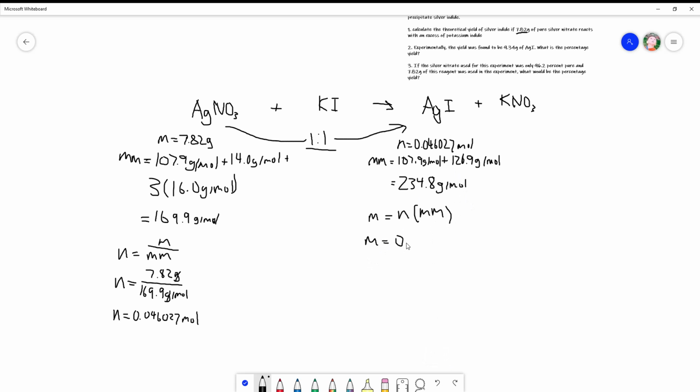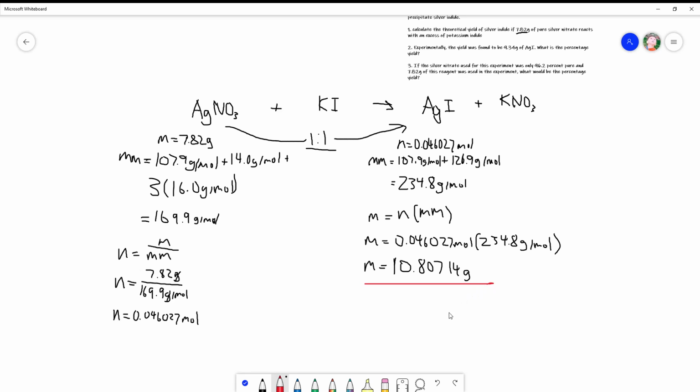Mass equals 0.046027 moles multiplied by 234.8 grams per mole. And this gives us the mass of silver iodide, which is 10.80714 grams.